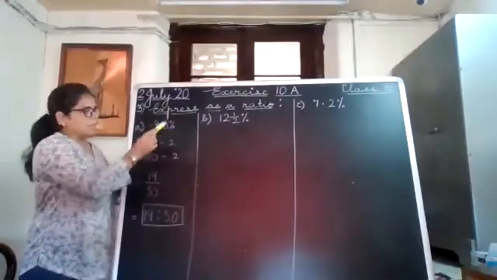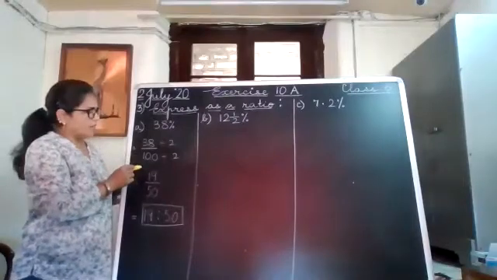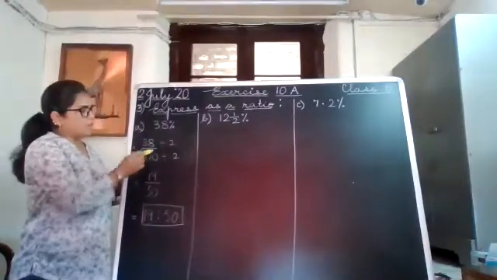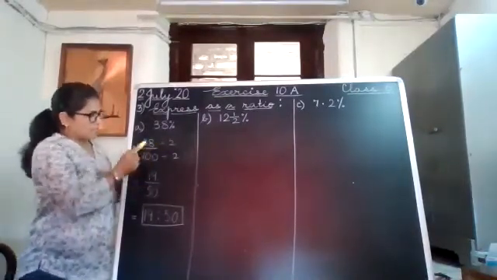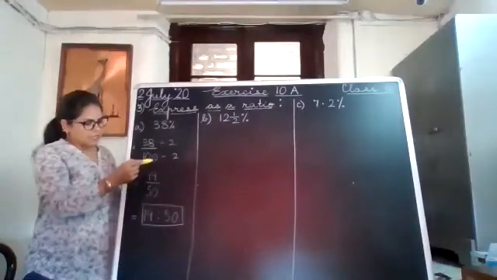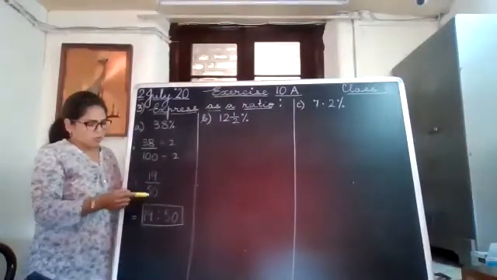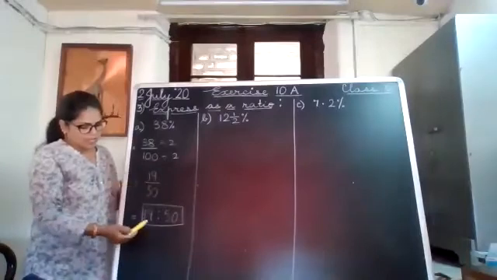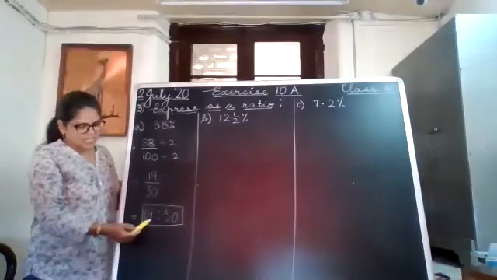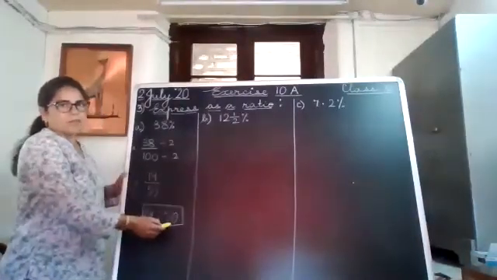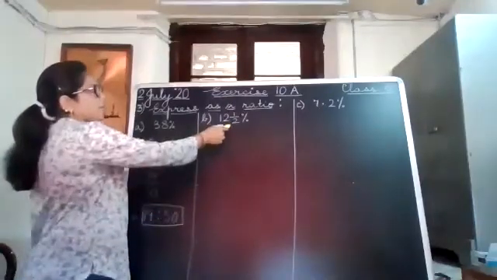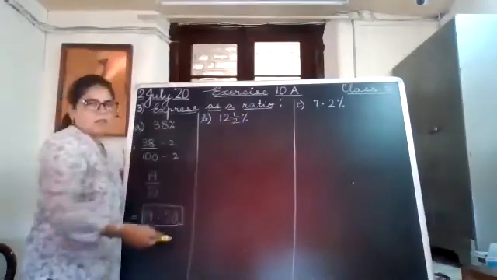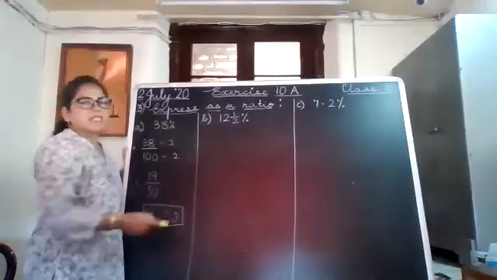So 38% means 38 upon 100, and both of them are divisible by 2. 2 divides 38 19 times and 2 divides 100 50 times. So this fraction as a ratio will be written as 19:50.